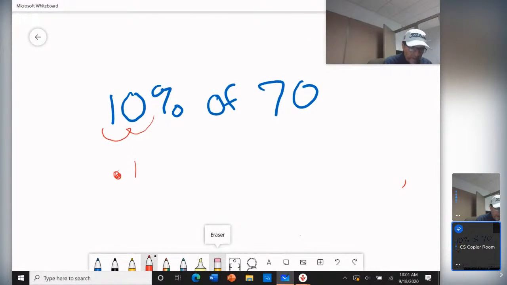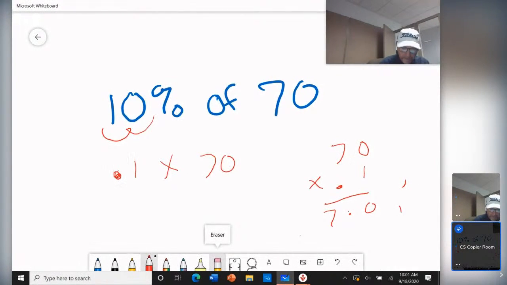So that's 0.1 times 70. And you're going to do 70 times 0.1, 7.0, which is 7. So the answer is going to be 7. Okay. So once you convert the percentage into a decimal, that's a straight multiplication problem. Let's do one more.